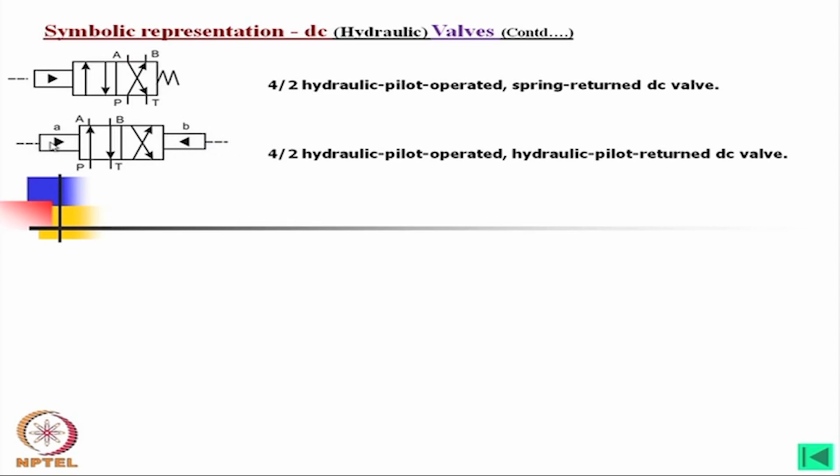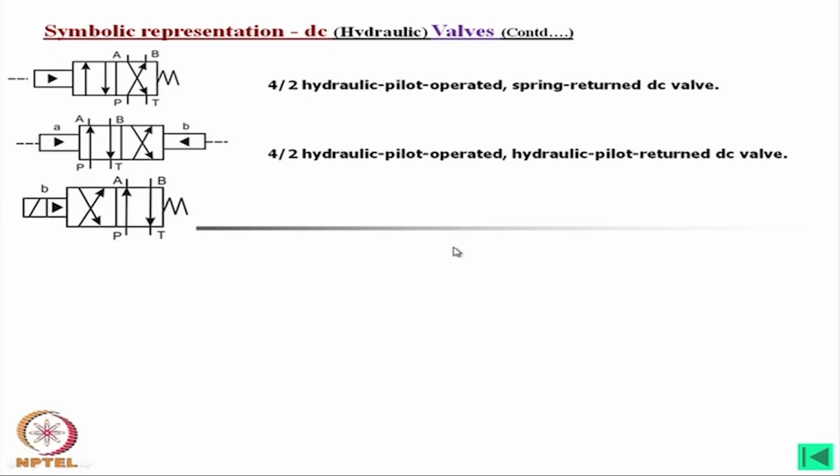If we actuate A, if this A signal is there, then it will go to this position. If there is a B signal, it will be in this position, or it might be the reverse. This detail can be understood by looking into the actual valve.